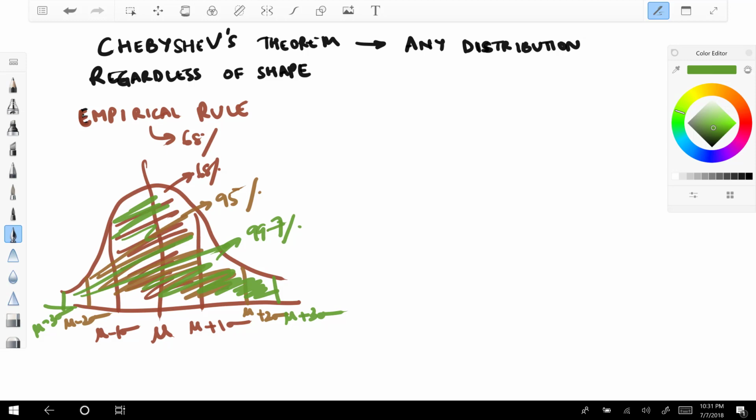However, it is not necessary for the distribution to be normal. So it can be of any shape. So regardless of shape, it can be of any shape.